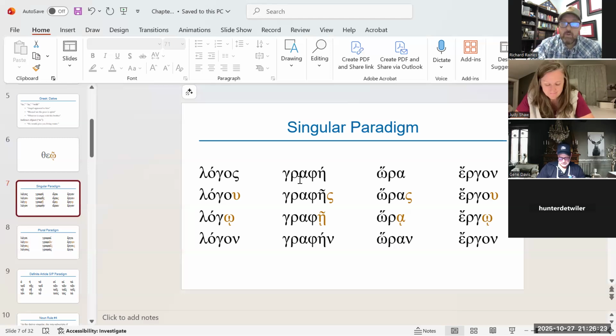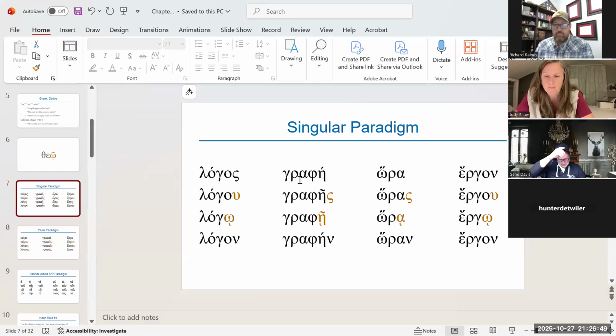All right, let's go through the next one. Graphe. What is the gender? Feminine. What is the case? It's the one we just learned. Look at your laminated sheet.